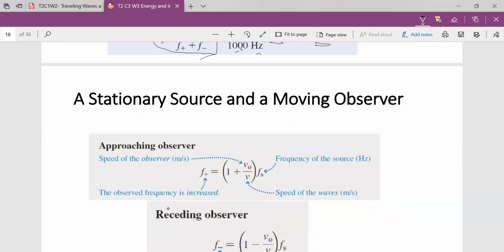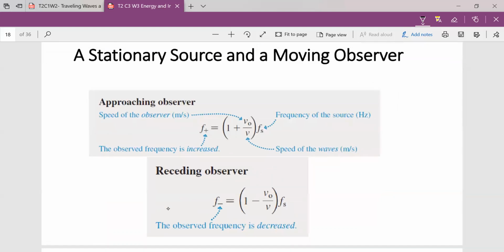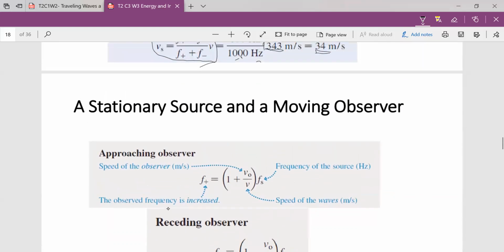So quickly, let's proceed to looking at the stationary source and the moving observer. Remember, previously we looked at the observer being stationary, the source approaching and passing by, but now we want to look at a scenario when the source is stationary and the observer is the one approaching and also passing by.